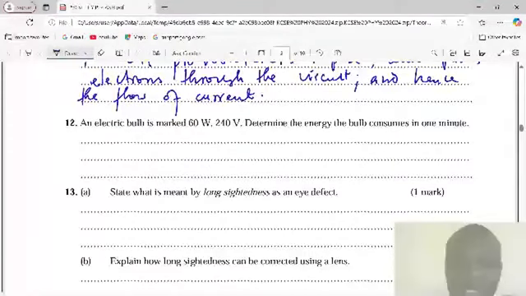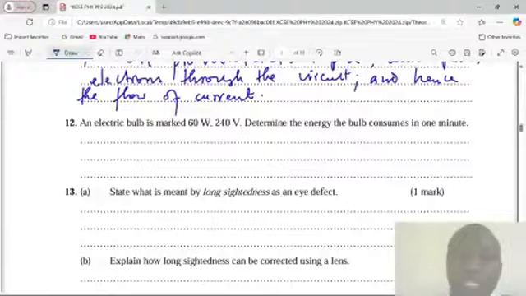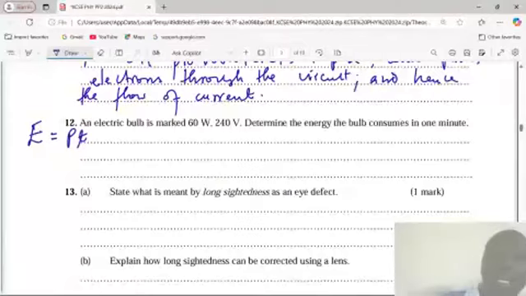An electric bulb is marked 60 watts. Determine the energy the bulb consumes in 1 minute. We know that power times time gives electrical energy, or heat energy, caused by an electric current.